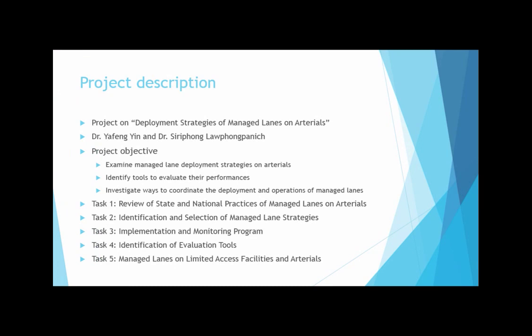Task 4 was the identification of evaluation tools, and task 5 was managed lanes on limited access facilities and arterials. After these tasks are completed, which they have not quite been, there will be meetings and then a final report. I primarily worked on task 1 by evaluating the literature available on the subject.